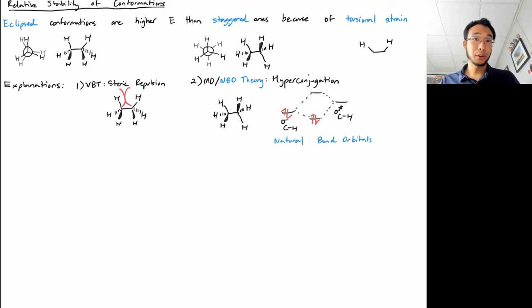I will first draw it out for you and then show it to you in a computer form. The idea again is that we have this sigma bond, so you can think of it as coming from that sp3 looking orbital right there. The sigma star orbital turns out to look like this. It's essentially meant to show you that there is some amount of orbital volume on the other side here.